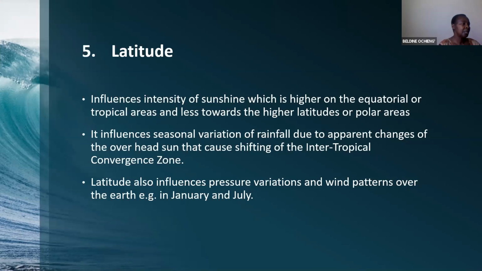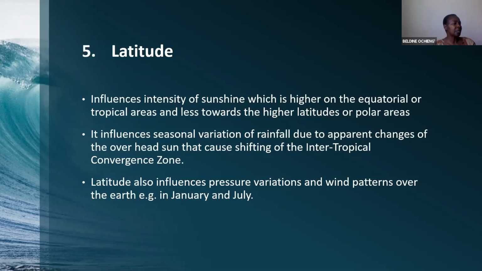On latitude and temperature, we know that the distance from the equator is shorter, but towards the poles it's wider or larger, given the nature of the bulging at the equator. Therefore, it is very intense at the equator, yet it is less intense at the poles.